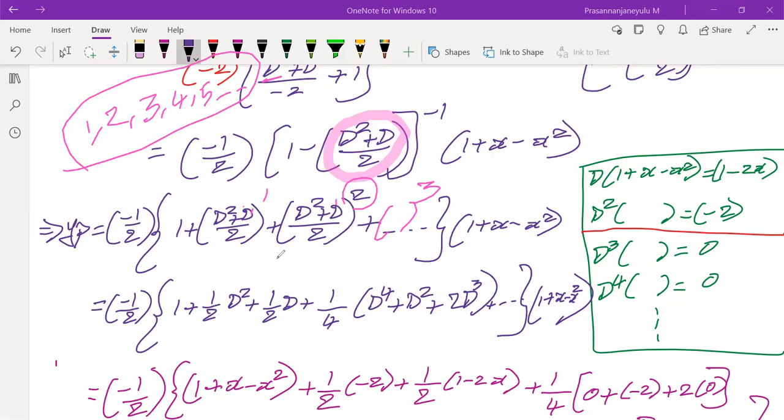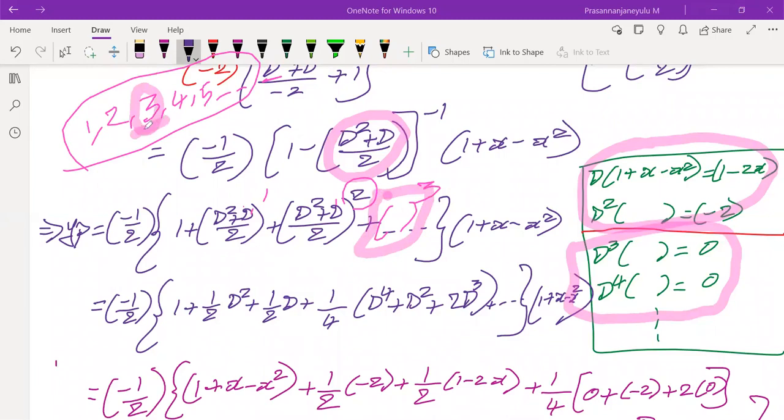But already we know that the differentiation exists only up to the second derivative. The remaining derivatives all become zero. In the next term, which we did not write, the least power of D itself is 3, but we know the third derivative value is 0.